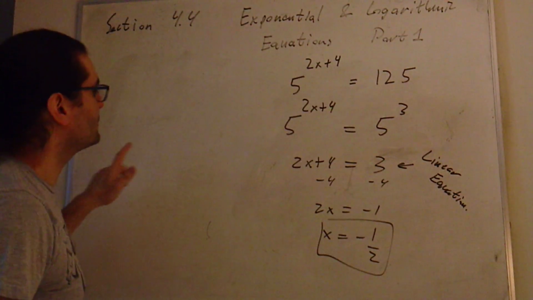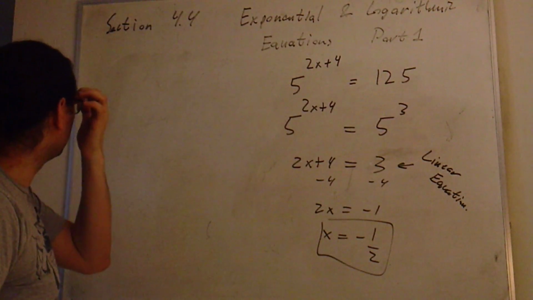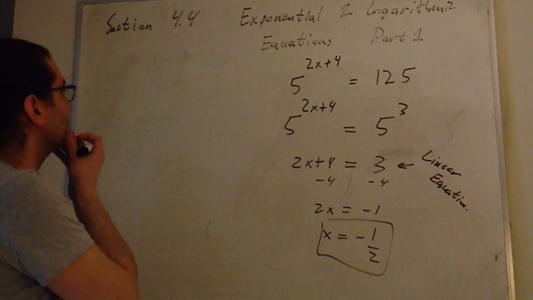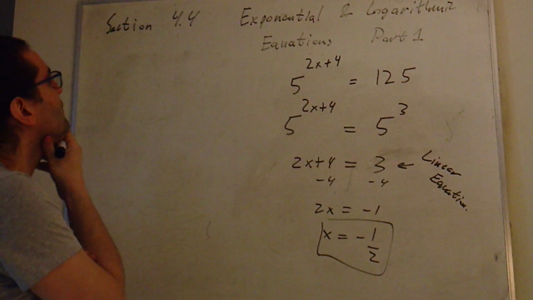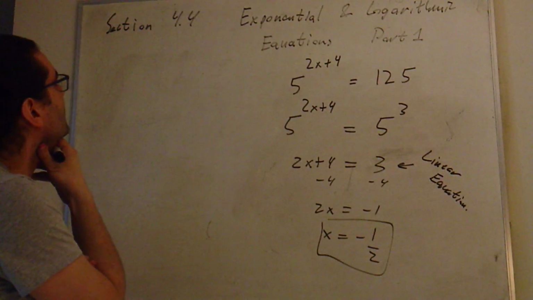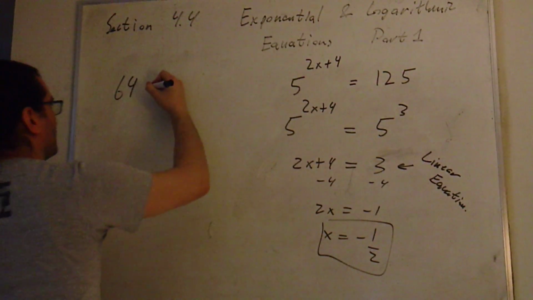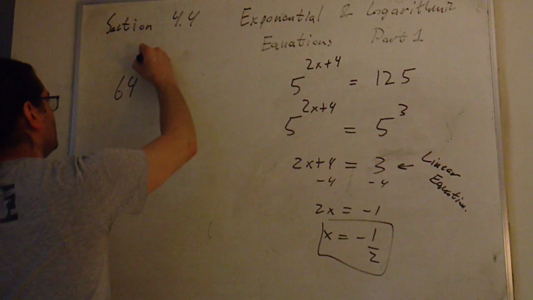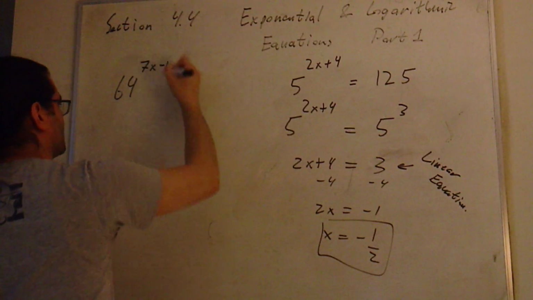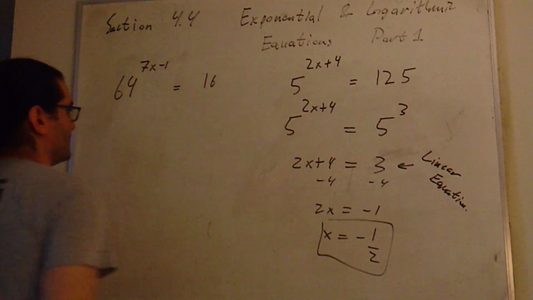I've used 5, 6, 2, 3. I guess I could do a 4. Let's think of an example with 4s. Let's do 64 to the 7x minus 1 equals 16.